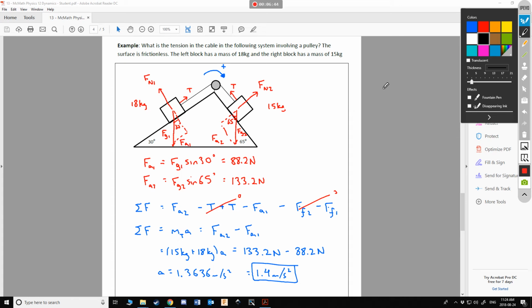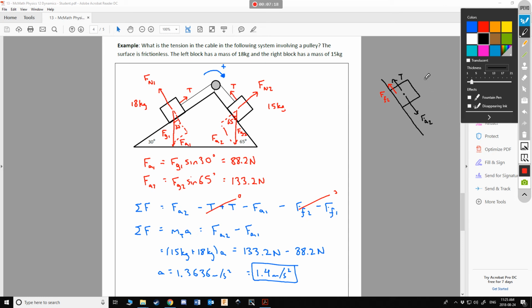So I'm just going to draw it off to the right over here. So let's look at the 15 kilogram block. So there's this one. We know that in one direction we have FA2, and it's being opposed by some tension T. And if there was friction, there would be a friction force right there as well, F friction 2. In this question, there is no friction.